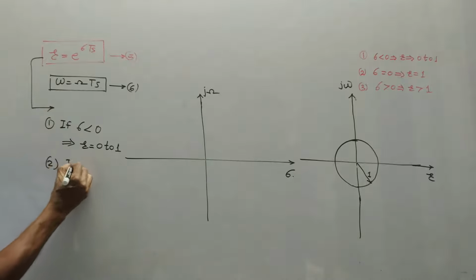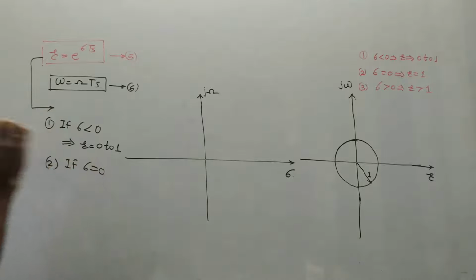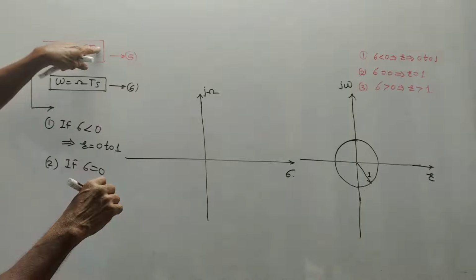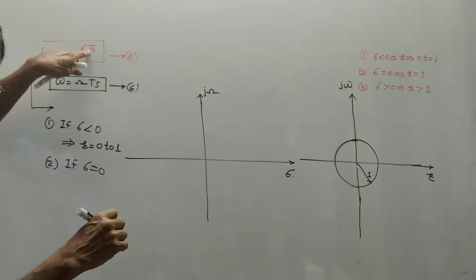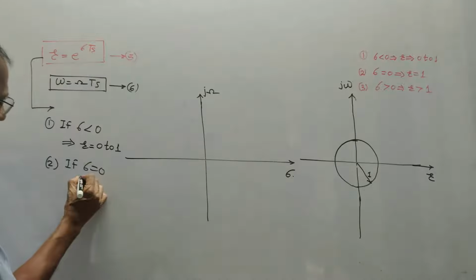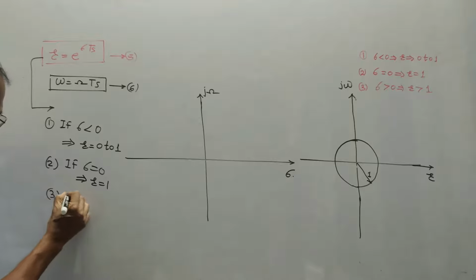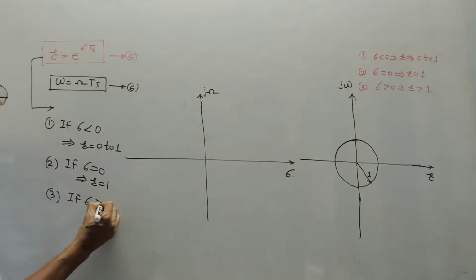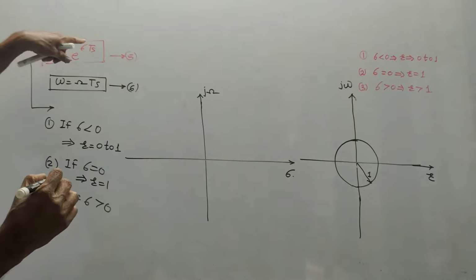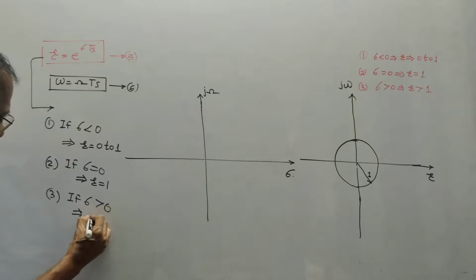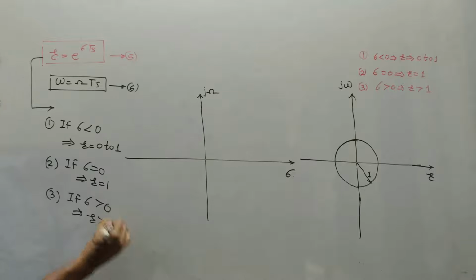Second condition, if I put sigma equals 0, then from this equation, 0 into Ts is 0, so you will get e raised to 0, which is 1. So this gives me the value of r equals 1. Third condition, if sigma is greater than 0, then you are getting e raised to some positive term. So this gives r greater than 1.